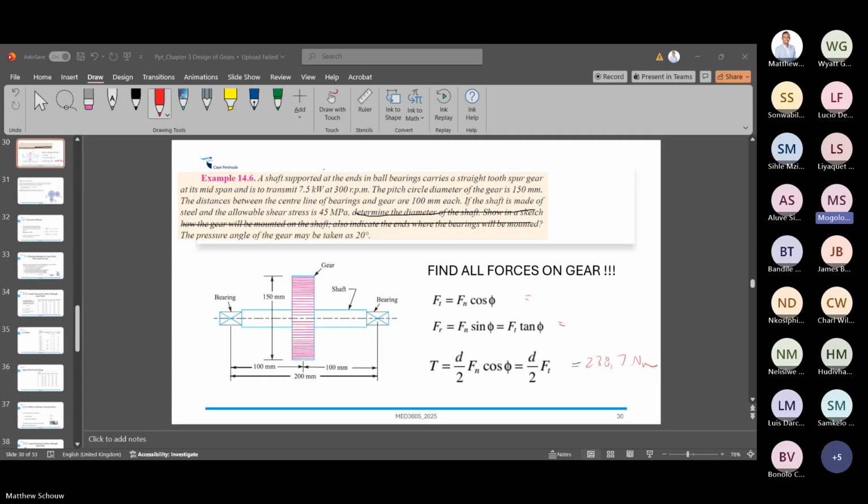I got 1158.4. That's Newtons, right? Yes, sir. This is for radial, right? Yes, sir. And then for your tangential force, 3182.6.